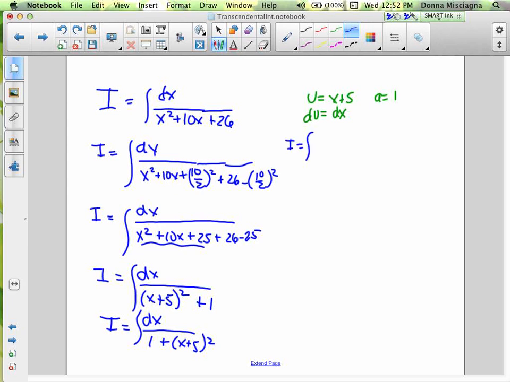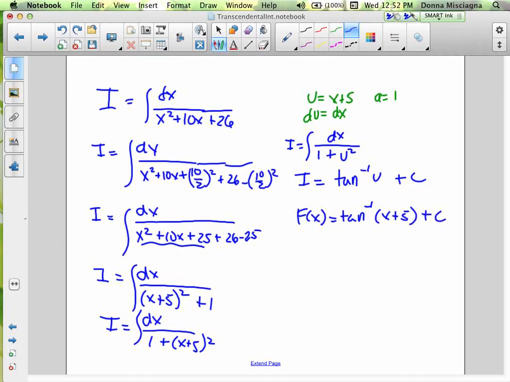All right, so the integral of du over 1 plus u squared is arctan of just u. You don't need 1 over a because that's 1 over 1, and you don't need u over a because that's u over 1. Just arctan u plus c, and now substitute, and we got our equation. F of x equals arctan of (x plus 5) plus c, and that's it.